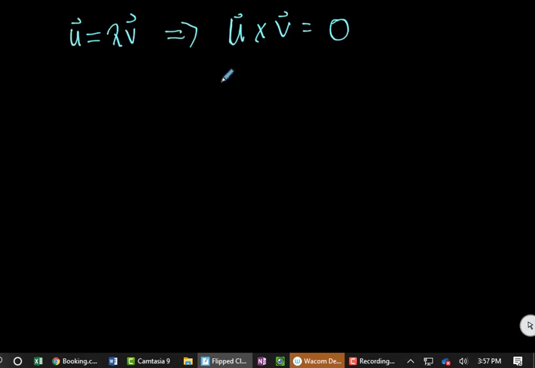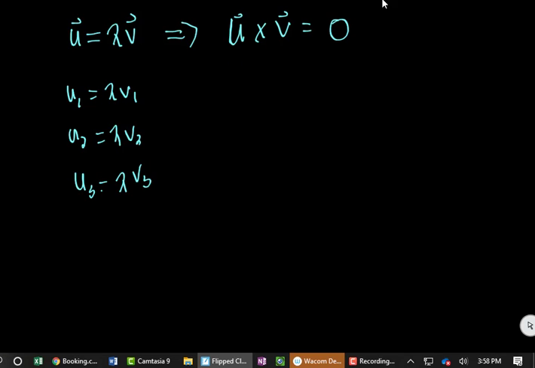So all its components: u sub 1 is equal to lambda v sub 1, u sub 2 is equal to lambda v sub 2, and u sub 3 is equal to lambda v sub 3, right?